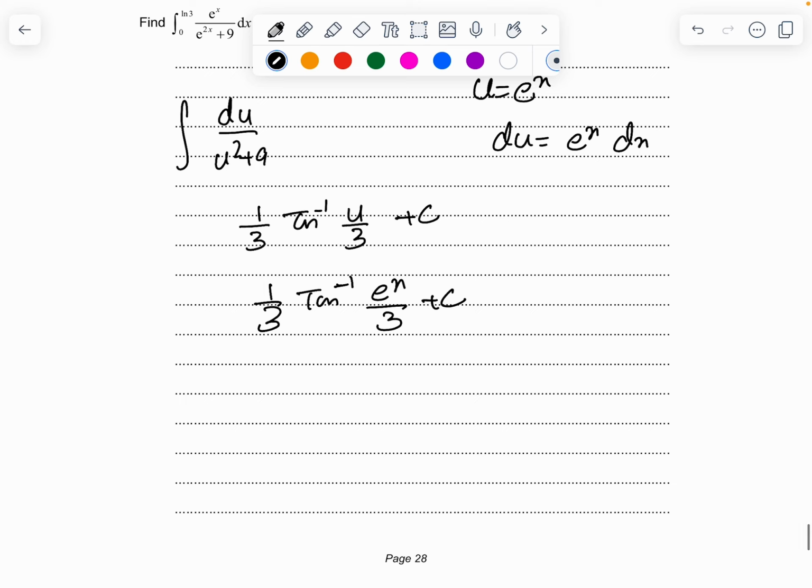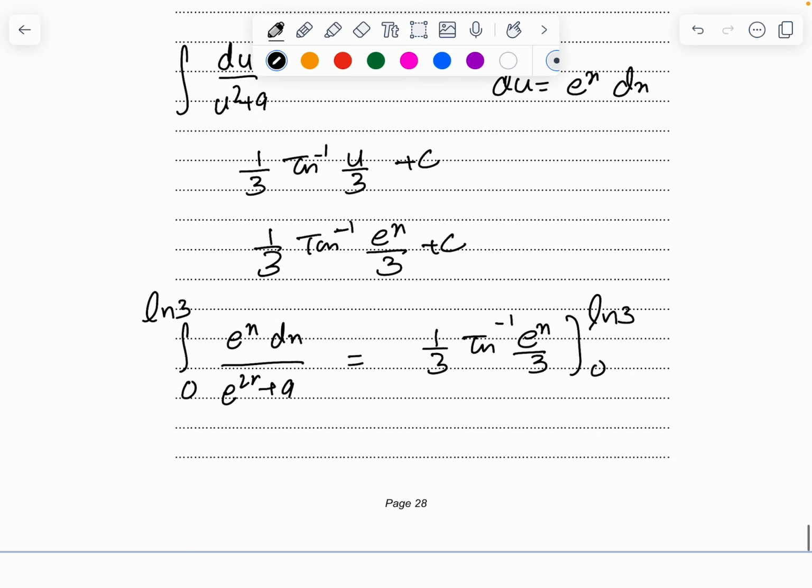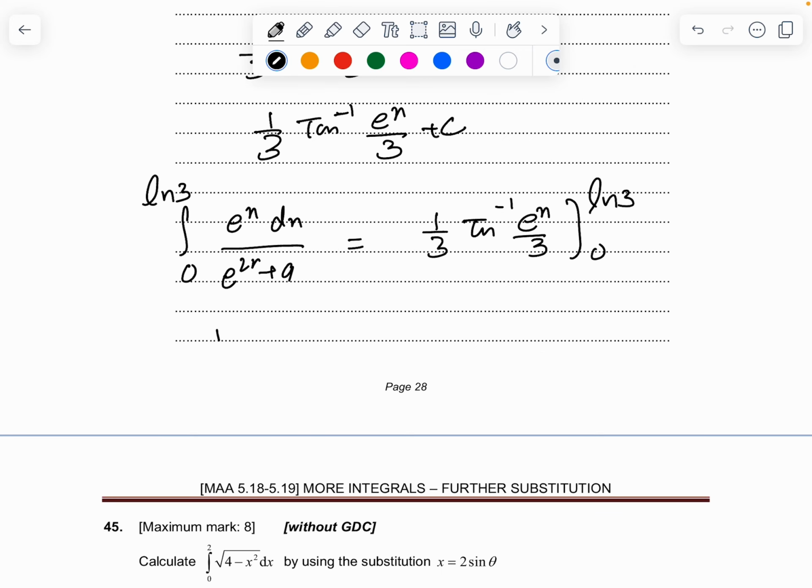Now I want definite integrals, so it will become the integral from 0 to ln 3 of e power x dx upon e power 2x plus 9, which is 1 upon 3 tan inverse of e power x upon 3 from 0 to ln 3. Plus c is not required. So it becomes 1 upon 3 tan inverse of e power ln 3 upon 3 minus tan inverse of e power 0 upon 3.